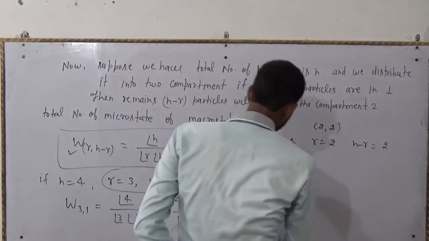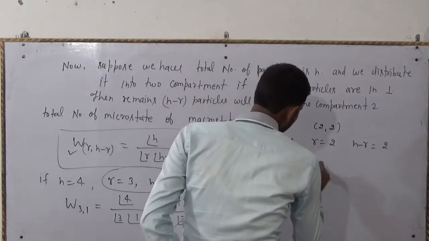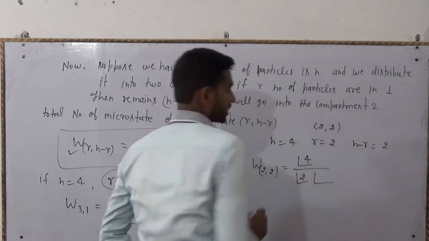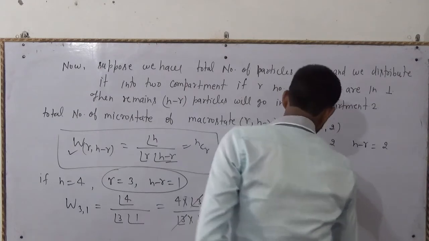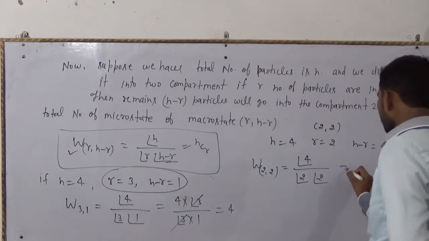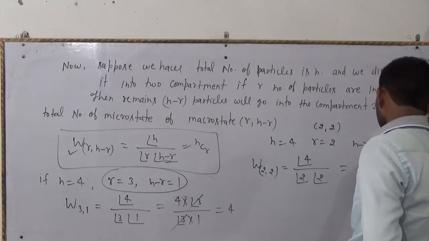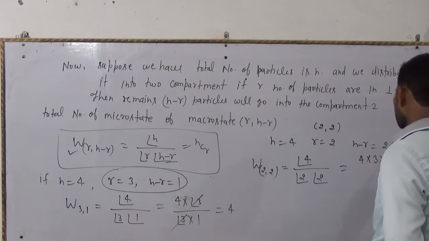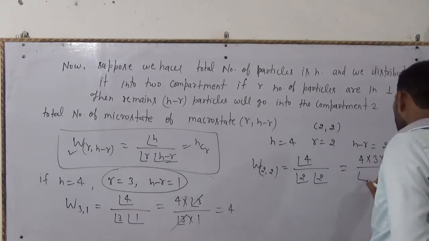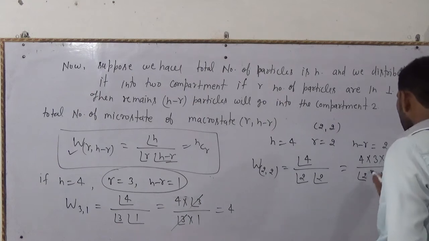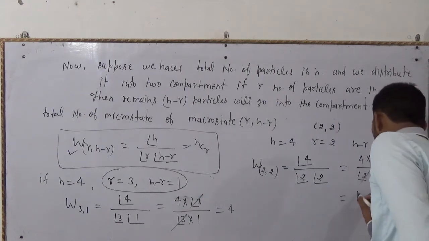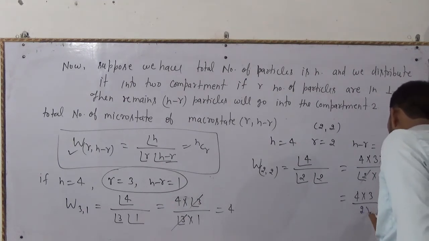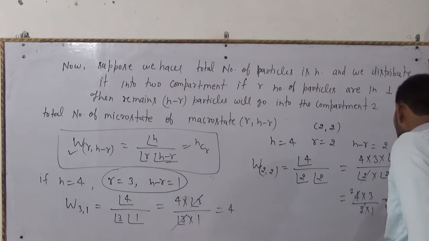So W(2,2) is equal to factorial n, which is factorial 4, upon factorial r, which is factorial 2, and factorial n minus r, which is also factorial 2. So friends, after solving, factorial 4 will be 4 multiplied by 3 multiplied by factorial 2, upon factorial 2 multiplied by factorial 2. Factorial 2 will cancel out, and 4 multiplied by 3 upon factorial 2, which is 2 multiplied by 1, gives 12 upon 2, which is equal to 6.